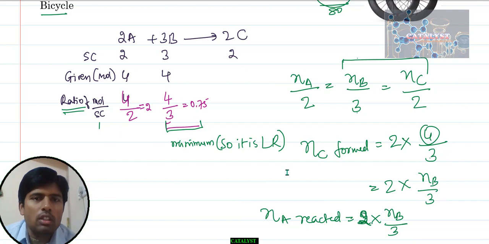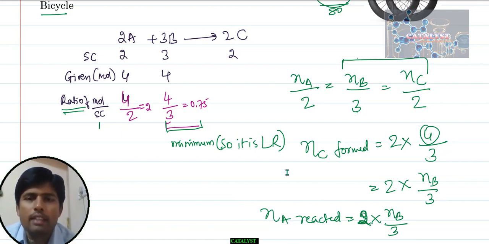So whichever is smaller, that will be the limiting reagent. Now among these two reactants, B will be the limiting reagent because it has more stoichiometric coefficient and less number of moles of reactant, as expected. So that becomes the limiting reagent.